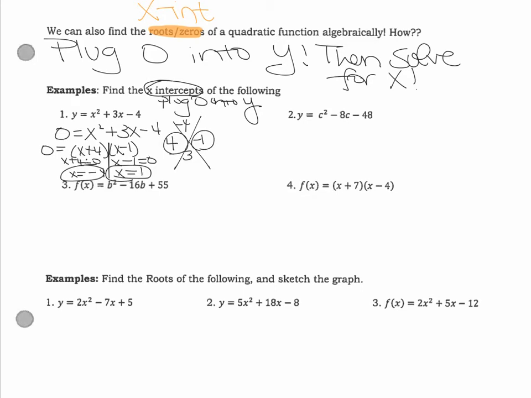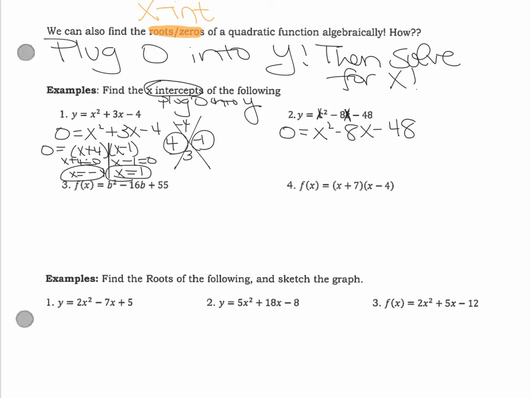Next one, can you please change number 2? Change those c's to x's. X-intercepts, how do you find them? Plug 0 into y. Now solve for x. How am I going to solve for x? Well, x is squared, so factor.